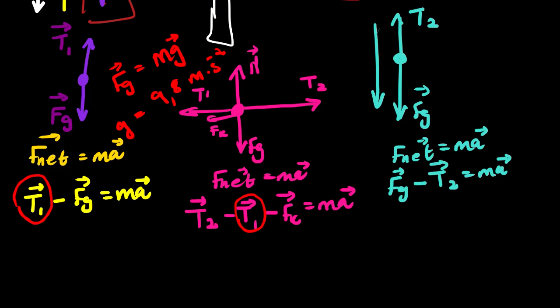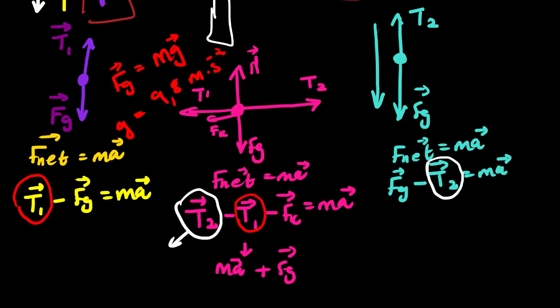Where we see T1, we can substitute by MA plus FG, and then where we see T2 here, we can basically substitute by the subject of the formula of T2, which will be FG minus MA. So where we see T2, we can substitute by this equation.